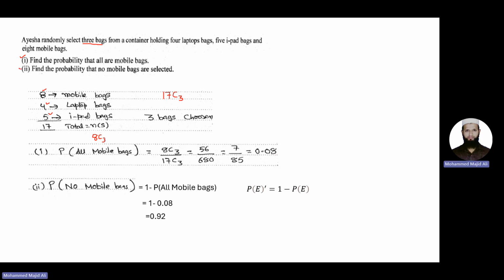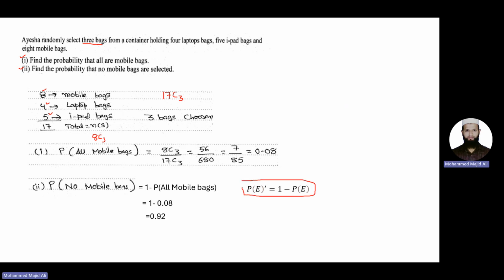Now the second question: find the probability that no mobile bags are selected. In the first question, we found the probability that all are mobile bags. In the second question, find the probability that no mobile bags are selected. So we can make use of the complementary event. What is the probability of a complementary event?